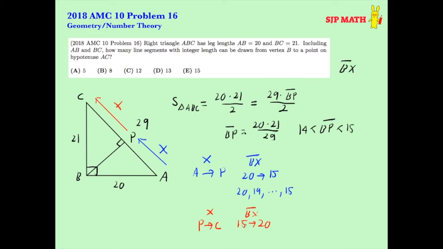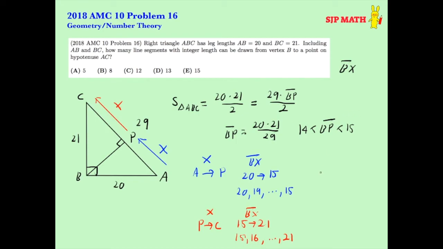So it's going to hit all the integer values, 15, 16, all the way up to 20. That's neat. Oh, wait. Not 20, I'm sorry. It's 21, because it's the length of BC. So it's going to hit all the integer lengths, 15, 16, all the way up to 21. Okay, that's a bit more right.